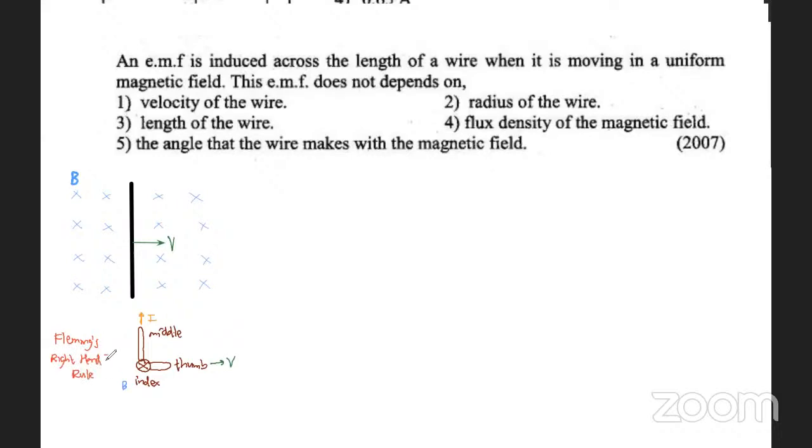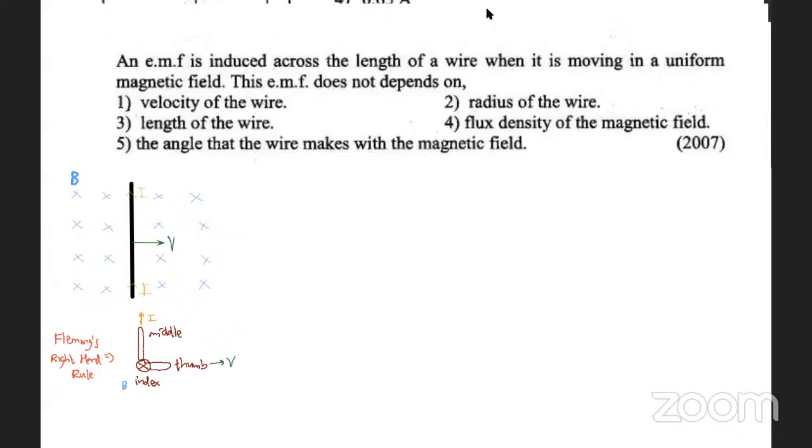Okay, now current can't flow actually, because the circuit is not complete. If you want a current to flow that way, there must be a temporary EMF induced. How?